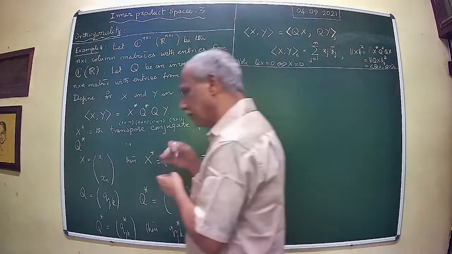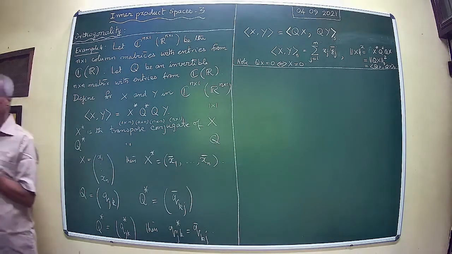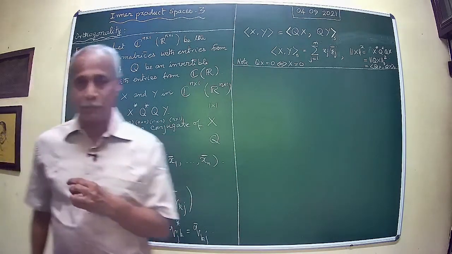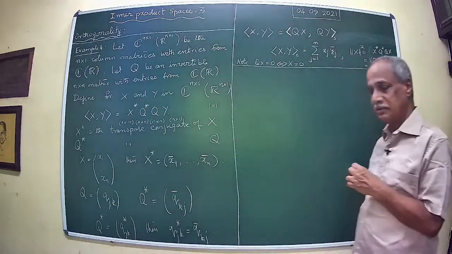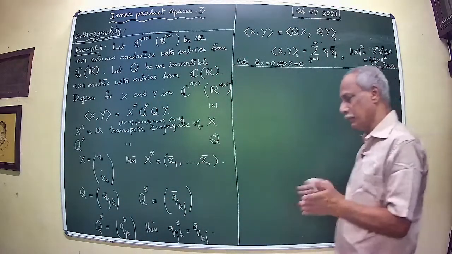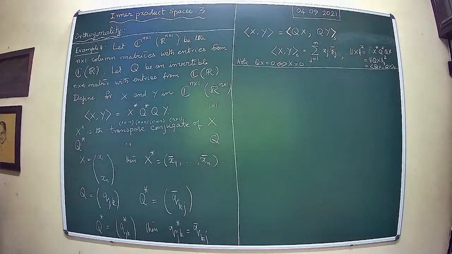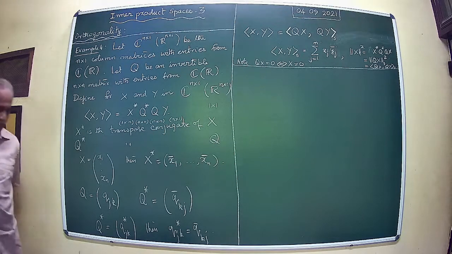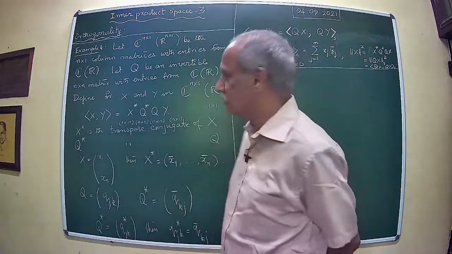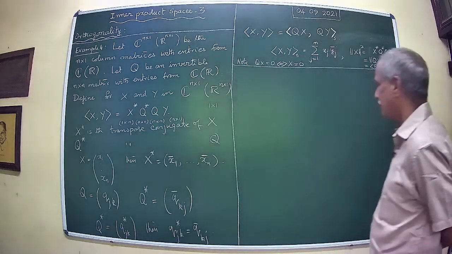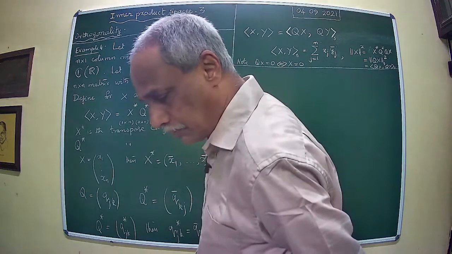That means different Q's will define different inner products, of course barring some kind of relationship between them. So you can investigate what happens if Q1 and Q2 are similar, what happens to the inner product. These kinds of questions you can ask.